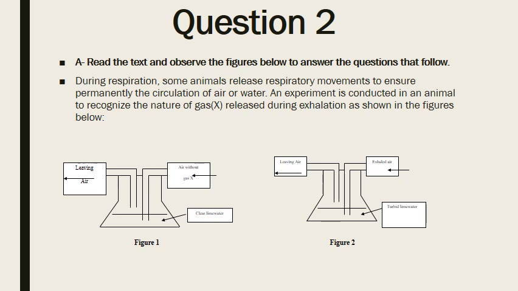So here, figure 1 has air without gas X. It's being inhaled and exhaled into the lime water, and the lime water stays clear. While here we've got exhaled air, so with the gas X, and the lime water turns turbid in figure 2.